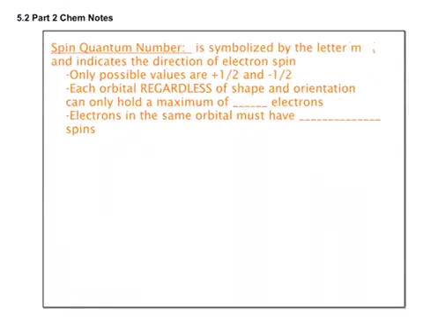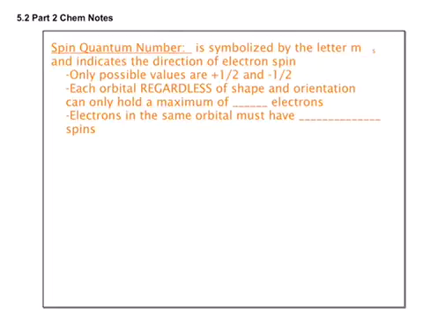The last quantum number, and probably my favorite one, is the spin quantum number. It's symbolized by the letter MS and indicates the direction of the electron spin. So every electron is spinning kind of like the Earth spins on its axis. And there's only 2 possible values. You can have +1/2 or -1/2.